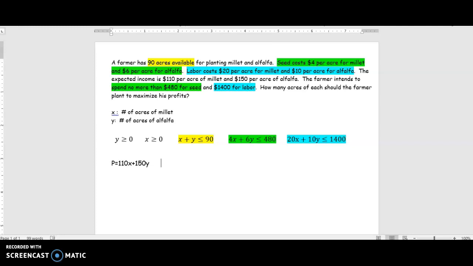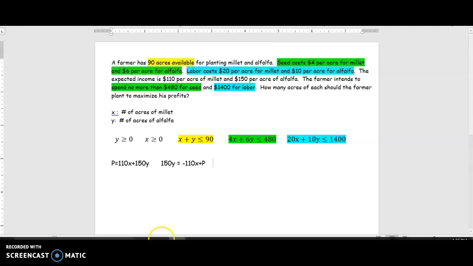When I solve that for y, I'm going to end up with 150y equals negative 110x plus P. I know I've switched sides on you here. And now I'll divide everything by 150, and I will end up with this equation.